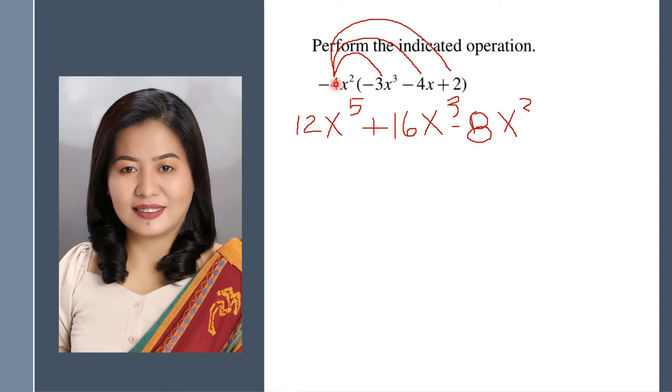We can multiply and we can divide them even if they have different exponents, but we can never add nor subtract terms with different bases and or different exponents. So we have to take note of that. So we moved on to our next number.